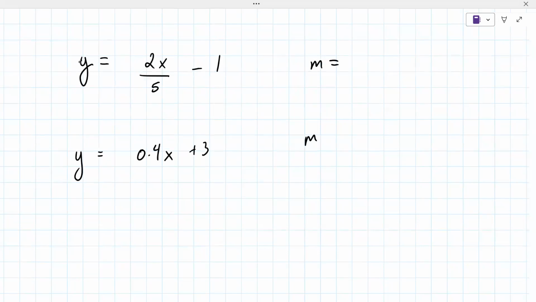Can you give me the slope of each of these, please? Two over five. And 0.4.